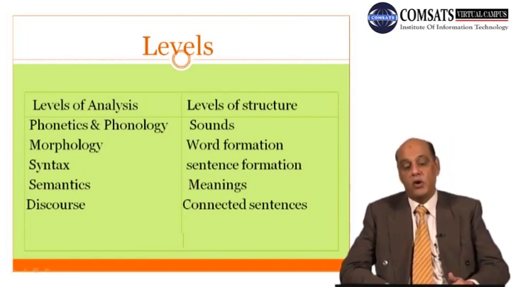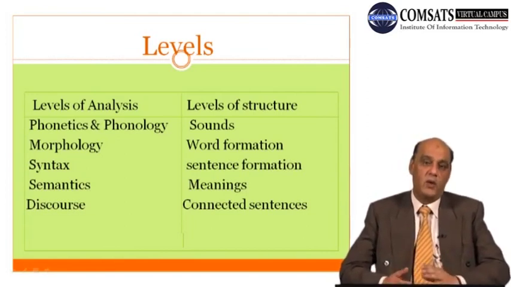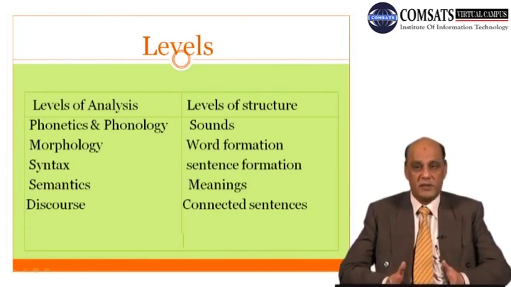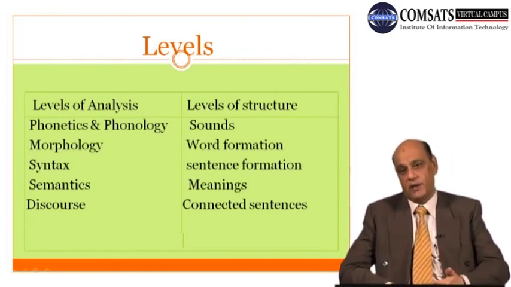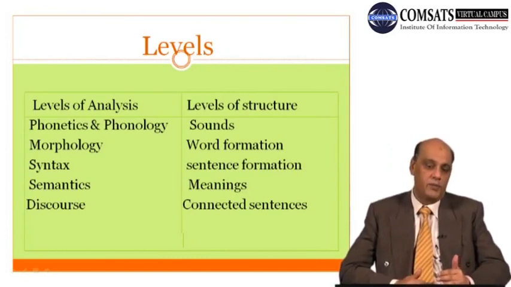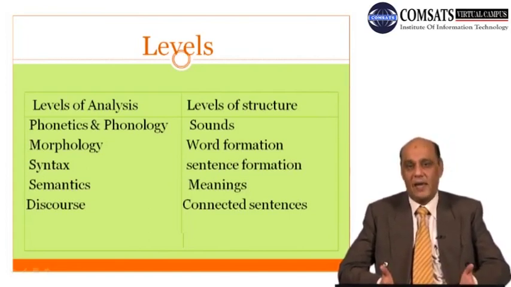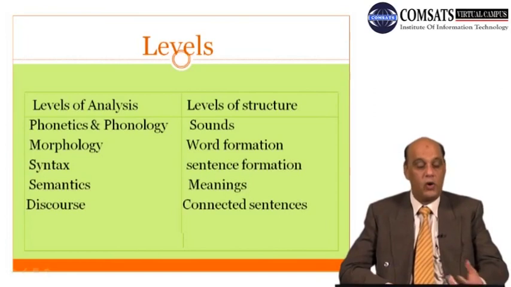Moving on to discourse, when we start giving meanings to the sentences, again we link them, we join the sentences, we make compound sentences from the simple sentences. We use connectives, connecting words like and, but, so, therefore, although, however, to join these simple sentences and make a larger chunk of language, like a discourse, like a paragraph or an essay, or in general words, we may call it a text or a discourse.